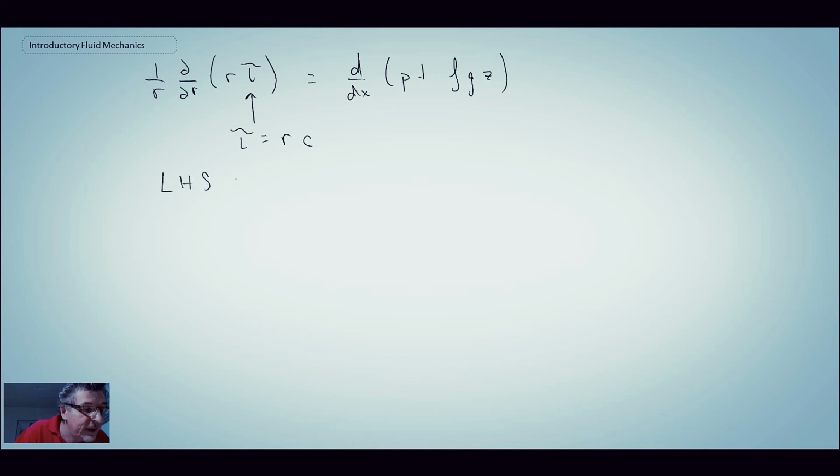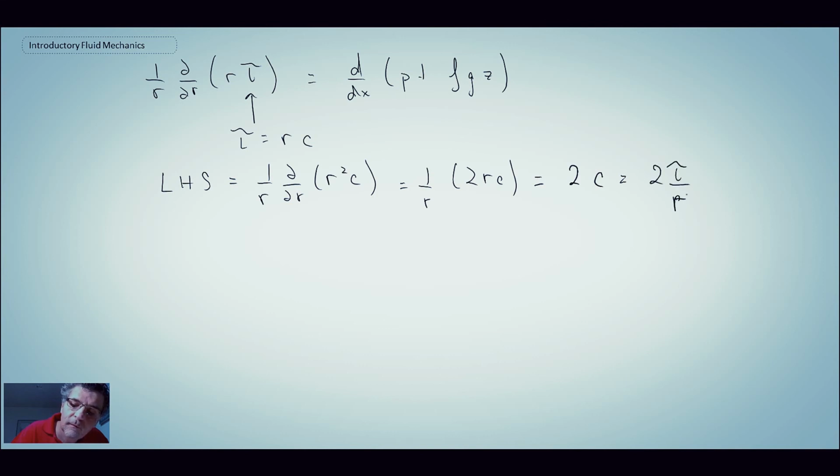And I'm going to evaluate the left-hand side. So we get that for the left-hand side, 2 tau over r, substituting that back in. And we can solve for tau then.